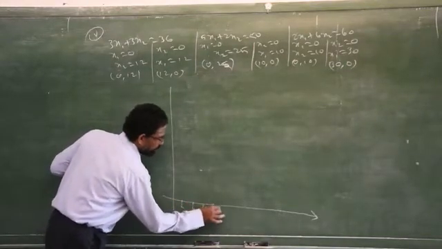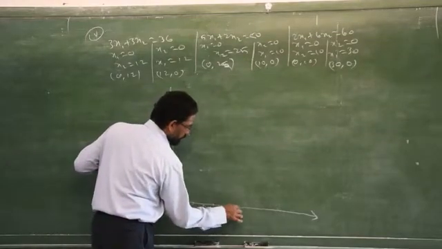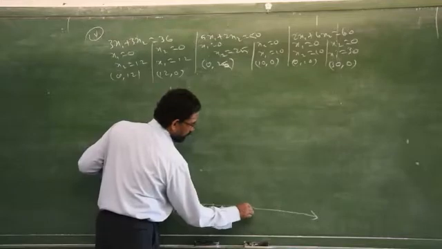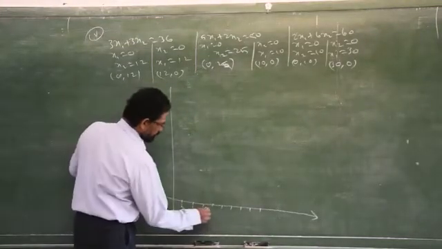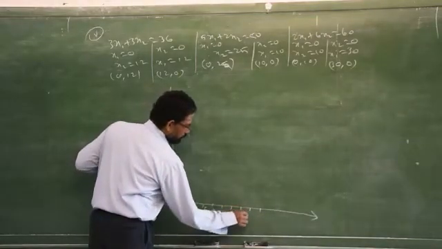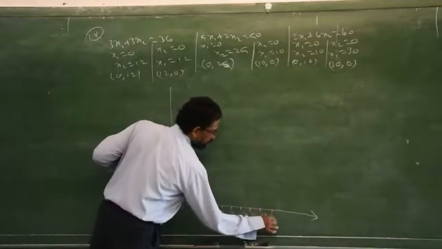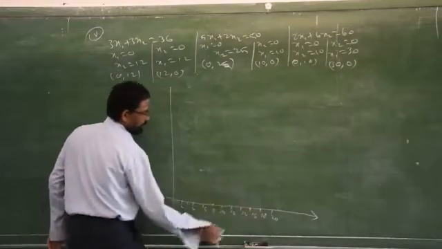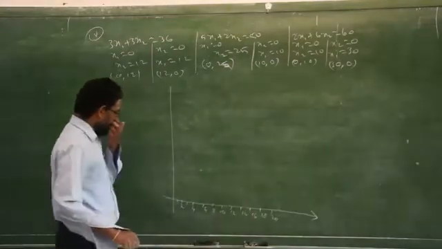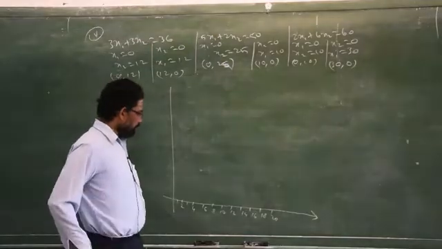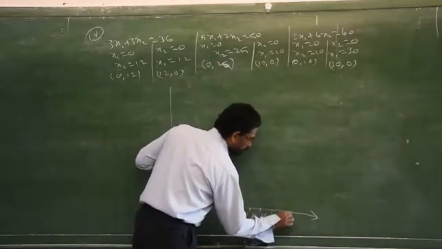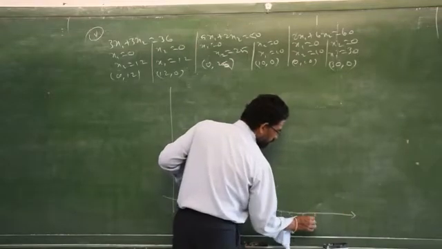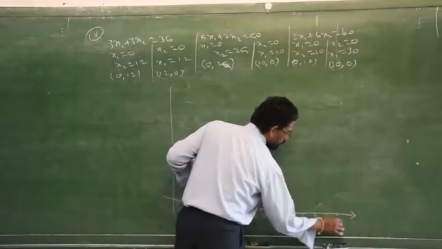2, 4, 6, 8, 10, 12, 14, 16, 18, 20. It goes on like this: 22, 24, 26, 28, 30, 32.